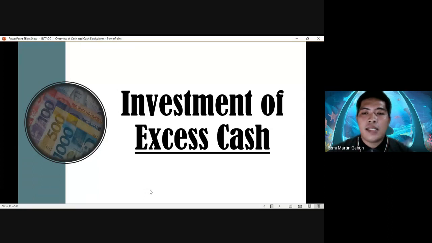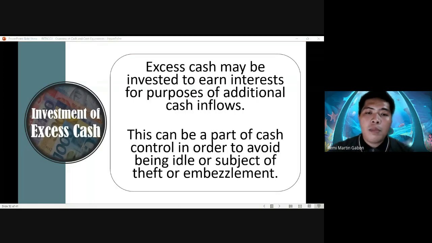Investment of excess cash. When you become CPAs in the future, hopefully with a career in public practice, or when you become an employee of an entity and an accountant, we cannot avoid that such an entity has excess cash.